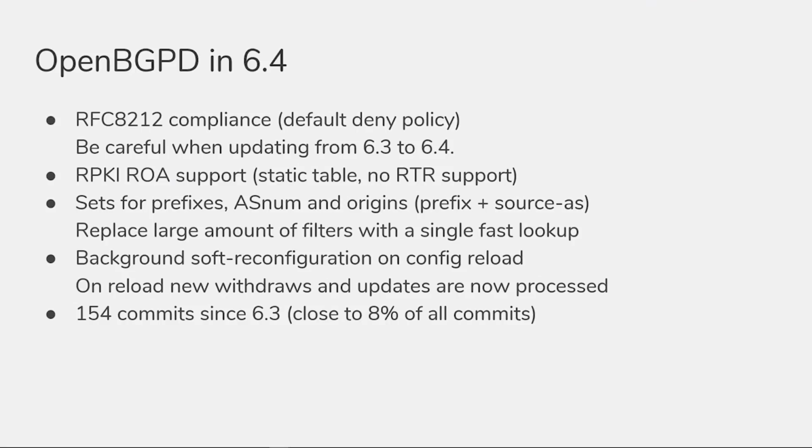The change of the filter policy requires you to touch your config. I tell everybody, change your config first. You can already build a default deny policy by adding a deny rule at the top of your rule set, and then make it work on 6.3, and then you can upgrade to 6.4 easily.